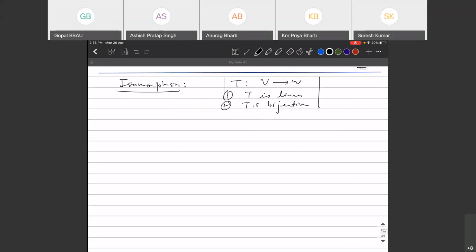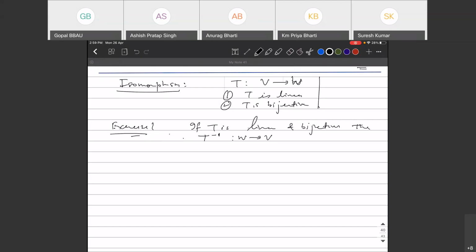Here is an exercise: if T is linear and bijective, where V and W are vector spaces, which are sets, then we can talk about T inverse.